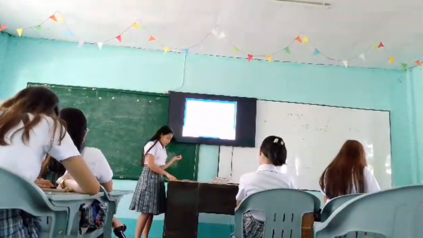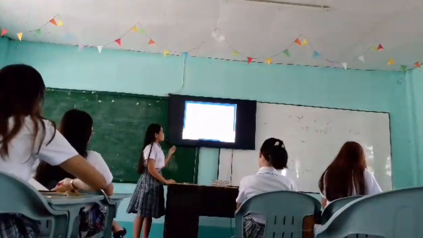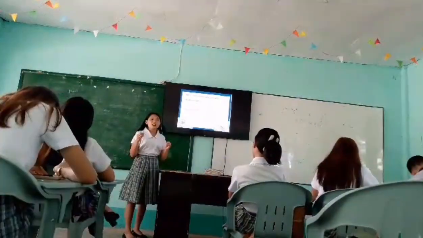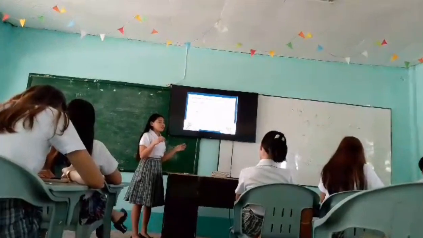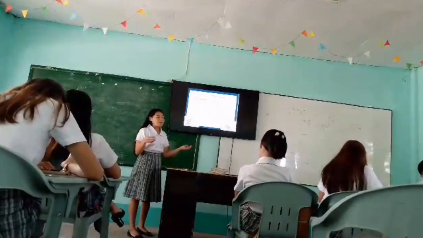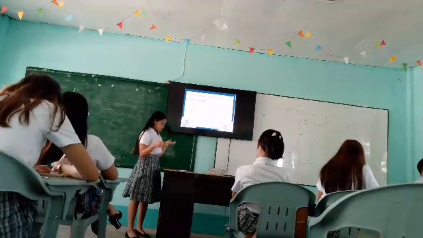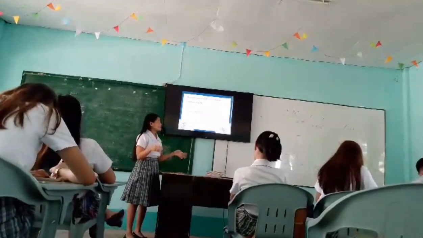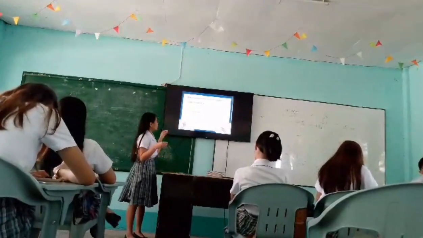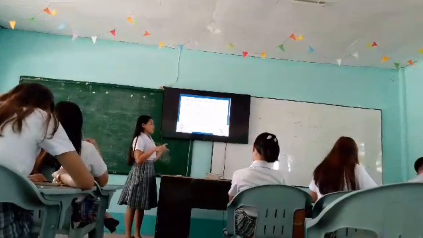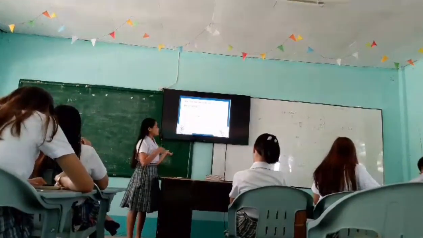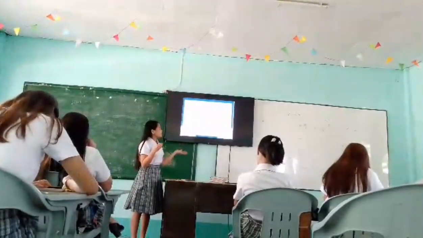Pag sinabi naman natin na convergent construct, it refers to the extent to which a test or measure correlates with other tests that measure the same or similar construct. Pag sinabi naman natin convergent construct, si teacher gumawa siya ng test na related siya sa isang test na correlate yung idea or content ng test.